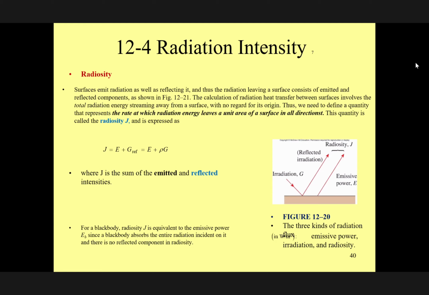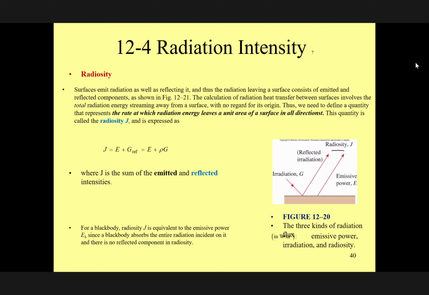Now, I have one question for you. If I assume this is a black body, what would the radiosity be? Shouldn't it be 0? Read this statement here. It would be equal, no? Yes, if it's black, the amount of reflection is 0, because that's the definition of a black body.